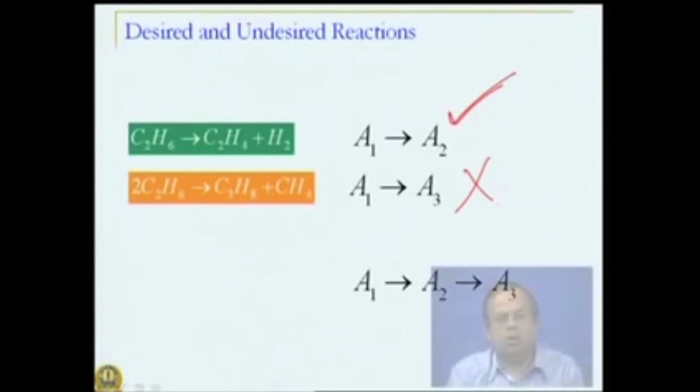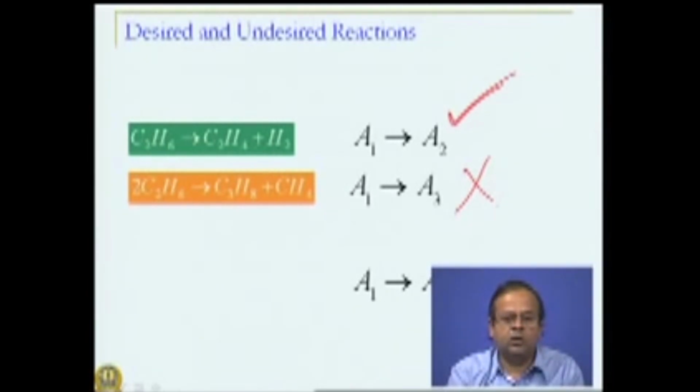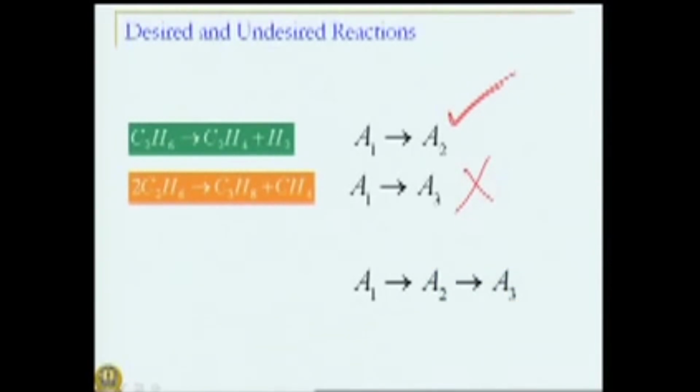Almost invariably when such complex reactions are present, you really do not want undesirable reactions, but they are inevitable. So, we have to find a way around to suppress these undesirable reactions and promote only the desirable reactions. The same thing can happen in series reactions. For example, A1 going to A2 going to A3, this may be the desirable reaction, but this may be the undesirable reaction. So, how do we now design reactors for this?